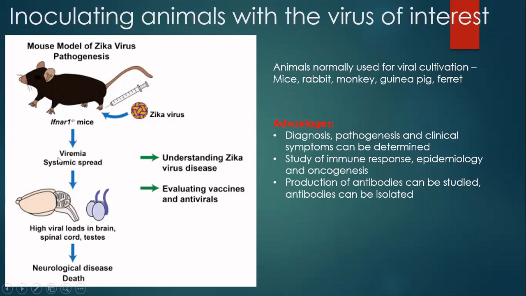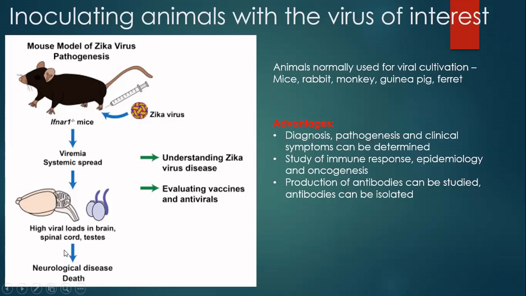Viremia is a condition where you will find a concentration of virus in the blood itself, and the blood will take the virus to different parts of the body, to different organs, and so the viral load, that is the concentration of virus in all these organs, starts to increase. And ultimately, it will cause death.